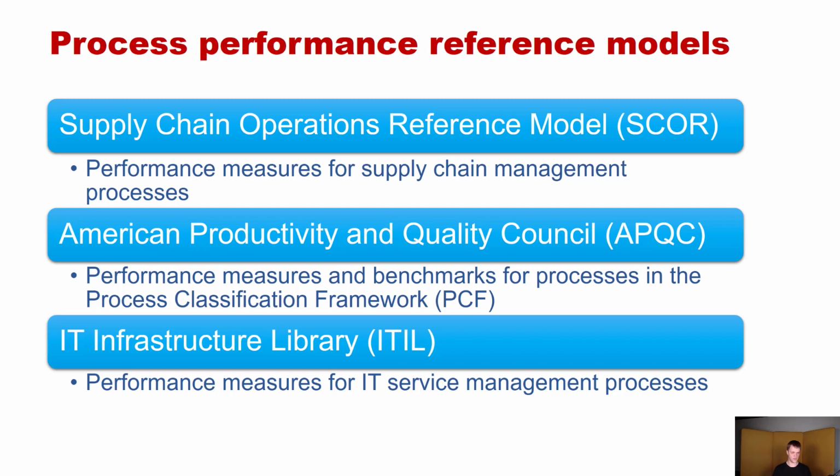There are, of course, others, but this is just to give you an overview that those frameworks already exist, and based on your specific domain in which you are working, it is always worth looking at if such a performance framework is already there and what are the relevant parts for your process.